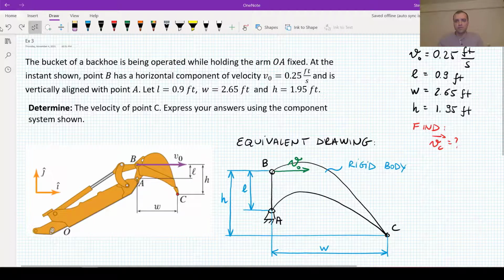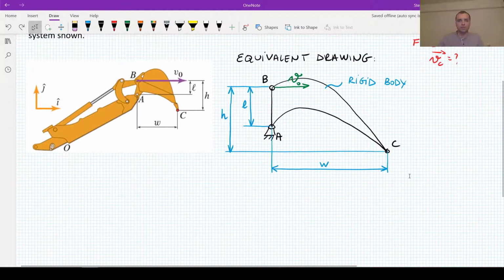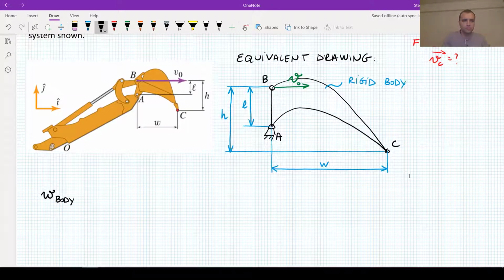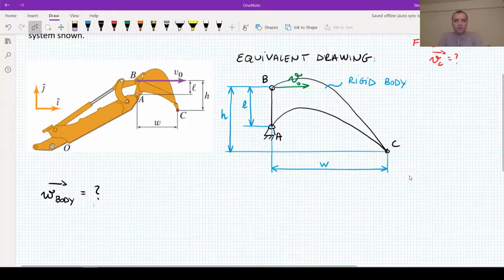Okay, but before we find velocity of point C, let's find omega of the body. Feel free to pause the video right now and try to figure out how you would find omega body.